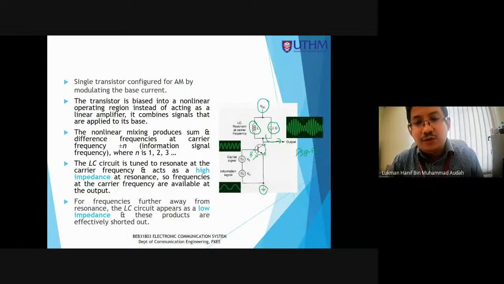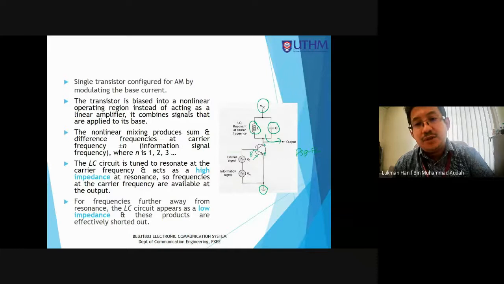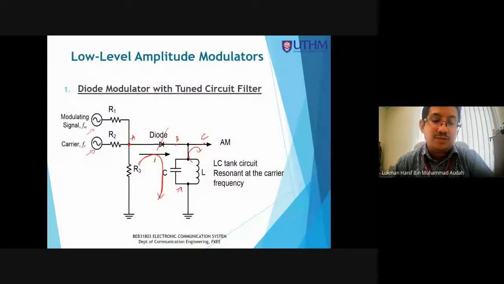Circuit ini belum pernah ditanya, so kita pun biasanya tak tanya yang ini. Kita cuma biasa tanya yang paling basic, at least pelajar faham macam mana gelombang yang tadi. Okay, this is very simple to explain, mudah untuk pelajar explain.